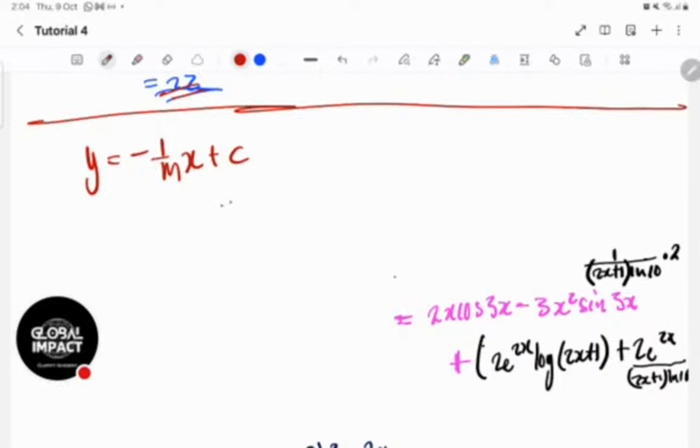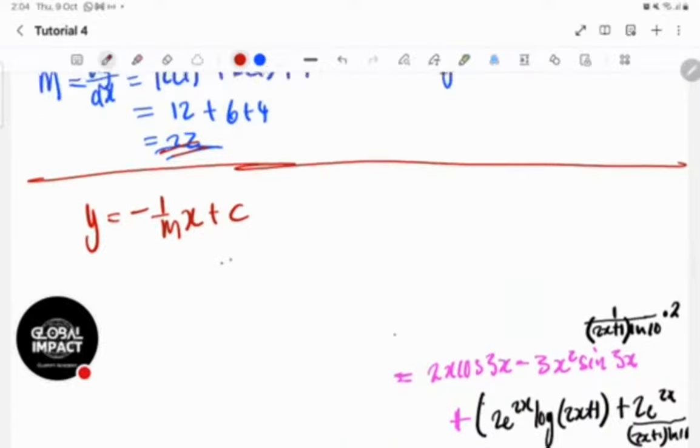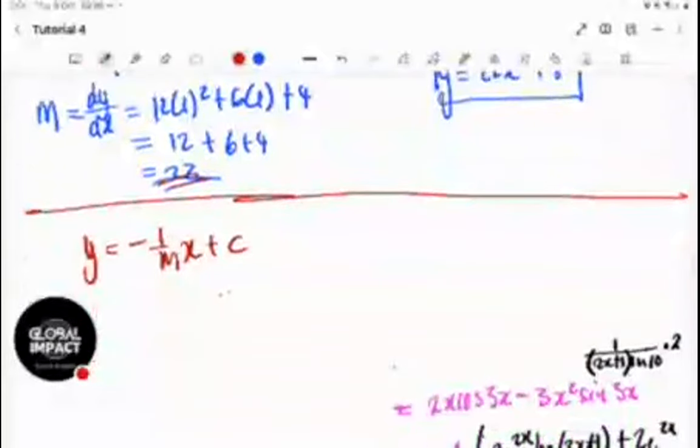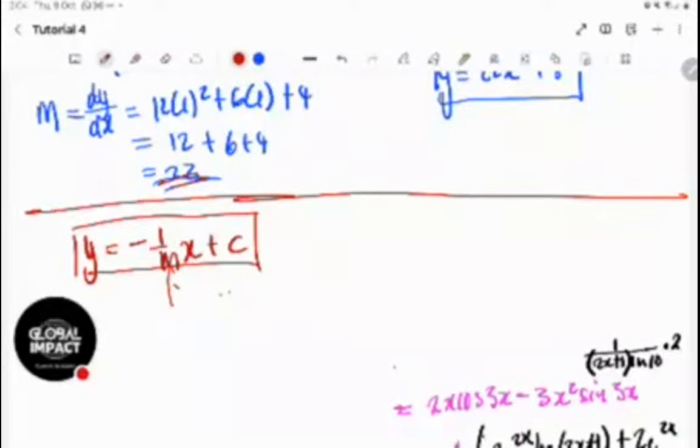So what happens is we have found m already using differentiation, and then we let this equal whatever. Anyway, you want it to be in this form. What are we going to do?